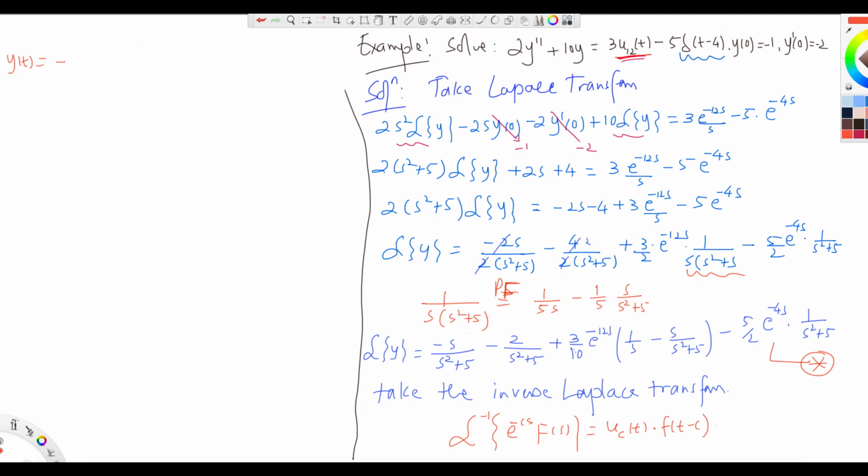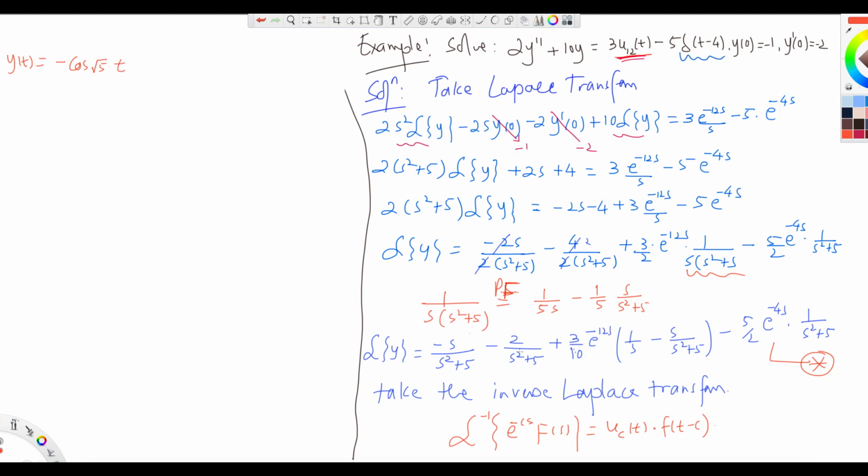So you'll get negative cosine, because the Laplace transform of cosine at is s over s squared plus a squared. You see that? But here a is root 5, right? a squared is 5. So cosine root 5 t. You see that? That will be cosine root 5 t.